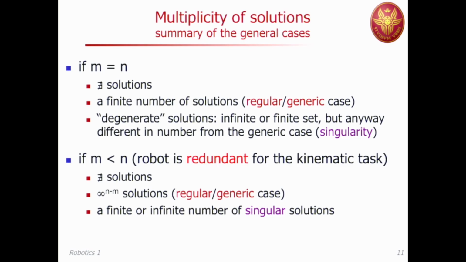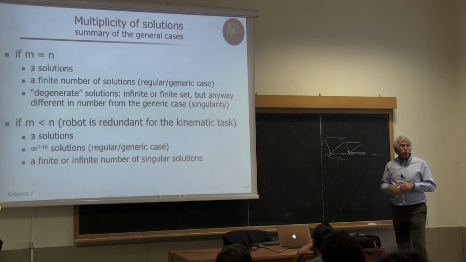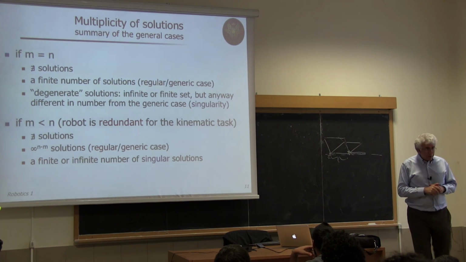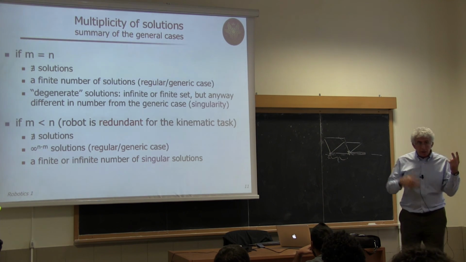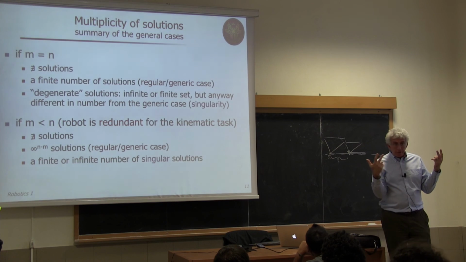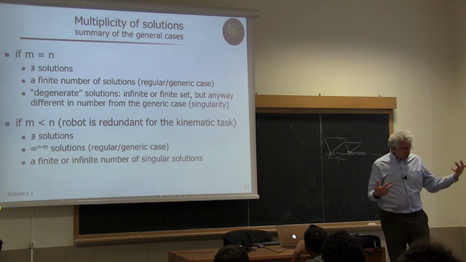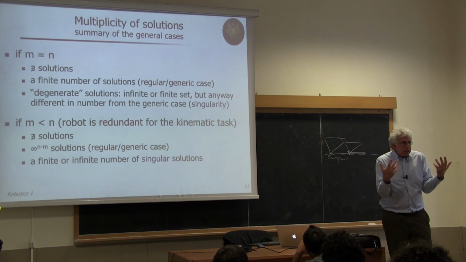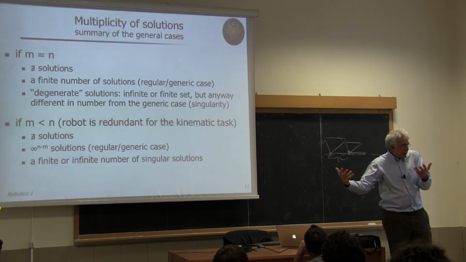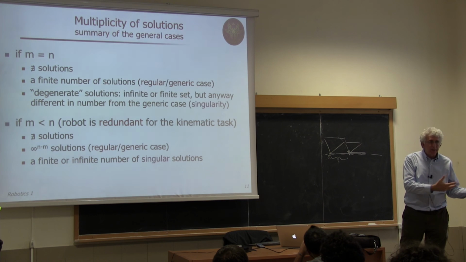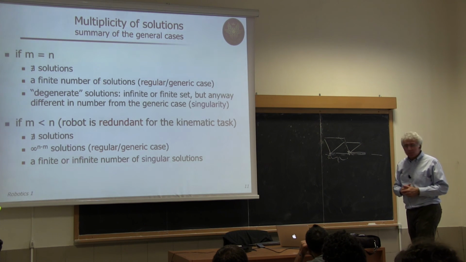If you have redundancy for the particular task, remember that this robot, a planar 3R robot, is redundant if I'm only interested in positioning of the end effector, because then the task is two-dimensional and I have 3 degrees of freedom in the structure. But if I would like also to impose the orientation, then I have strictly enough degrees of freedom for doing this. So it's m equal n. Okay.